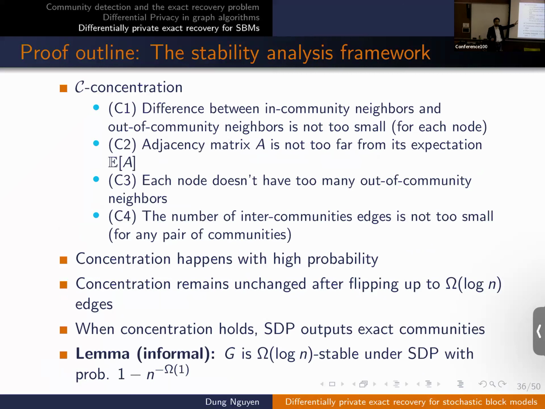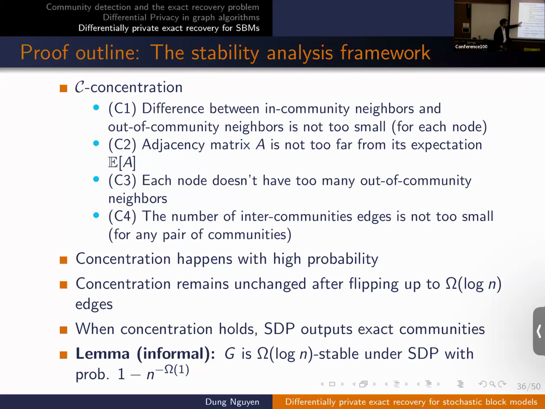For example, condition C1 says that the number of in-community neighbors minus the number of out-community neighbors of a node i is not too small. Or the adjacency matrix A, and you can think of A as a random variable, is not too far from its expectation. That's the second condition.